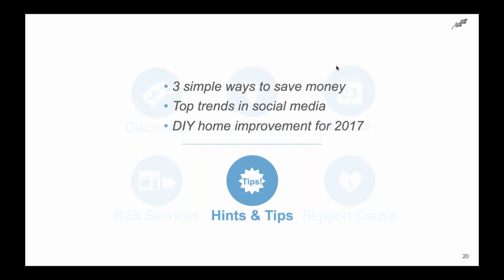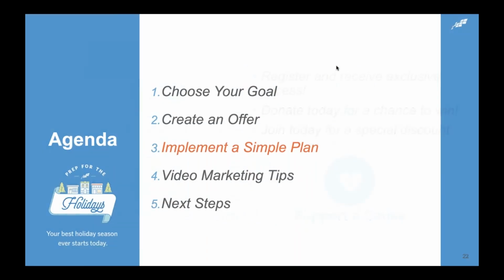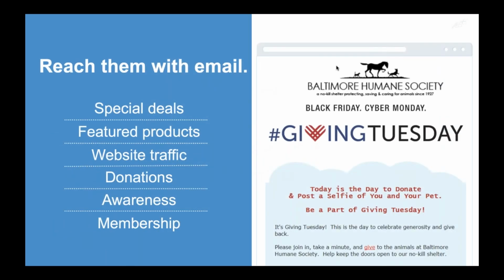Okay. So let's talk about a simple plan for our promotional event, or our promotional campaign. One thing first is that our email list is critical, right? Email and social, along with our website, are absolutely foundational pieces of any marketing for any company. We'll talk a little about email first, again thinking about what you want to happen, and then how you can offer something, and then we'll talk about how you measure the success of campaigns.